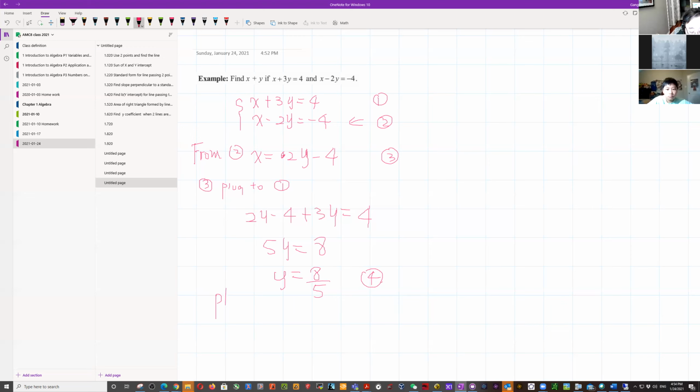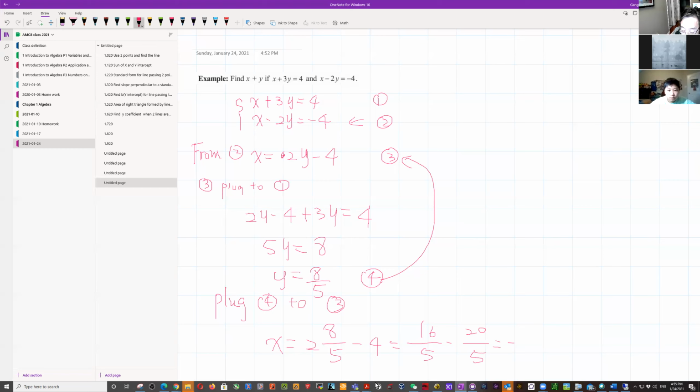So x is going to equal 2 multiplied by 8/5 minus 4, which equals 16/5 minus 20/5, because 4 multiplied by 5 equals 20.